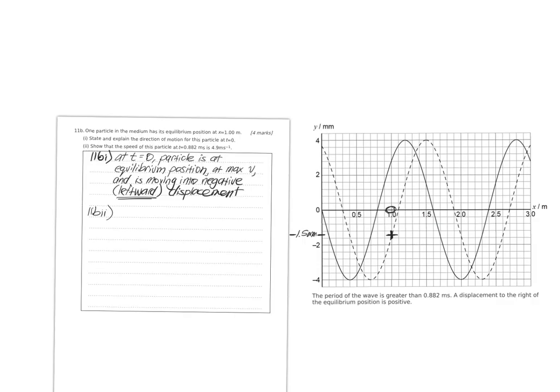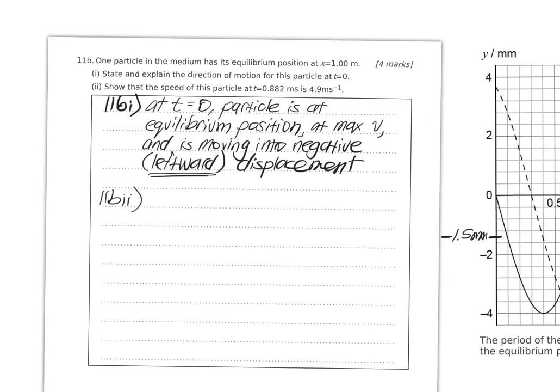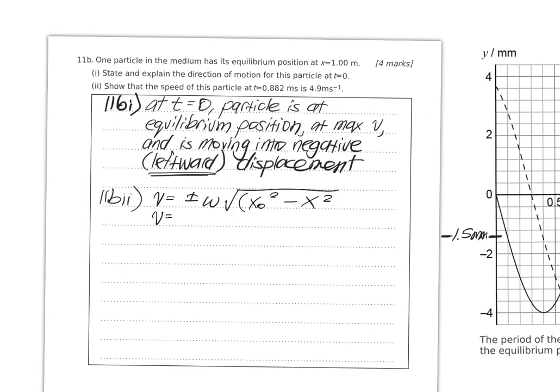All right, let's go back to the paper. So there's our equation from the data booklet. I don't need plus minus because there's no such thing as negative speed. So I'm just going to say omega. I don't need that parentheses. So I can say amplitude squared minus displacement squared. Omega we have already solved for. That was the 1300 radians per second.